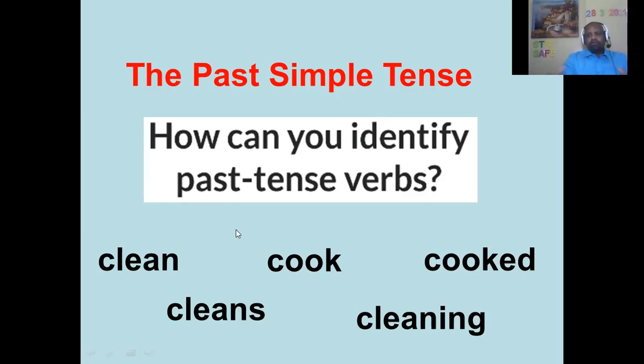You may say cooked is the past verb because you studied it before or you know that we add ed to form a regular verb, a past verb or V2. In today's lesson I'll be talking about the structure, the rules we use to form a past simple sentence, and how to find a past tense verb within a sentence.